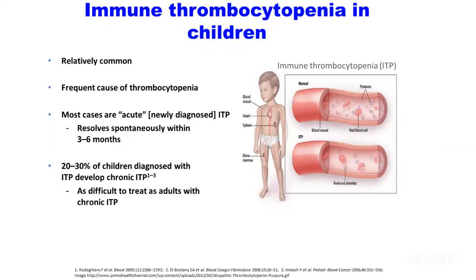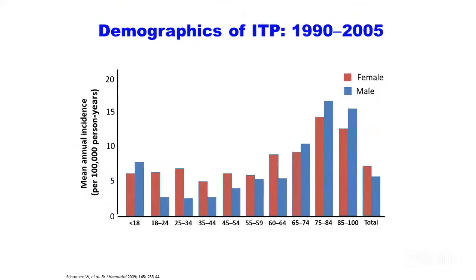In children, acute ITP is very common. It's a frequent cause of thrombocytopenia. The unique part is that almost 80% of cases resolve spontaneously within 3 to 6 months, and 20 to 30% of children are diagnosed as chronic ITP in the later part of life.